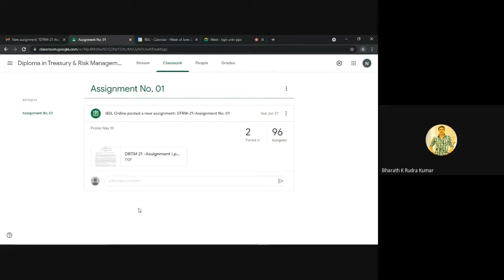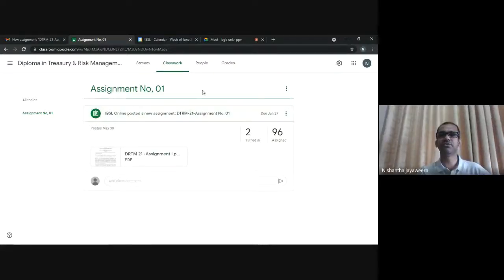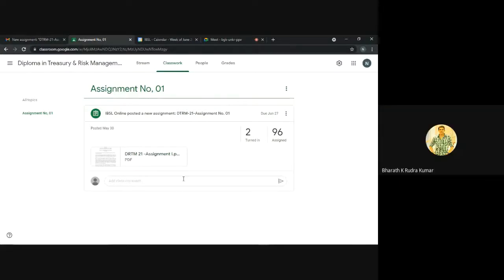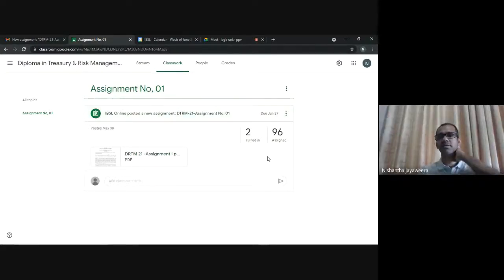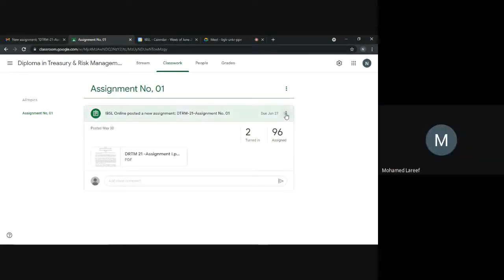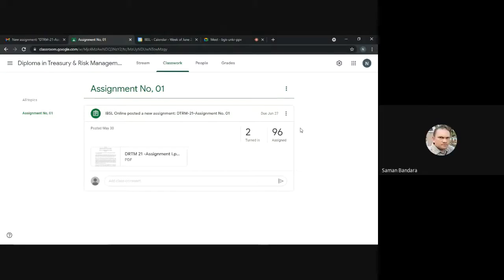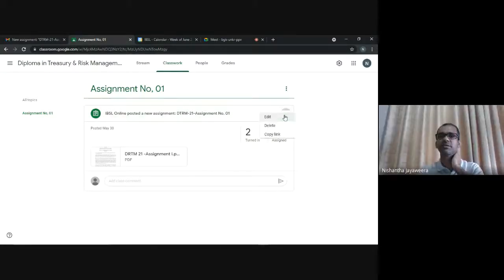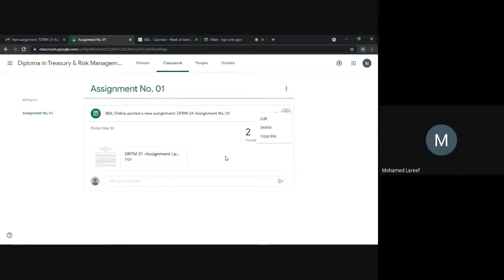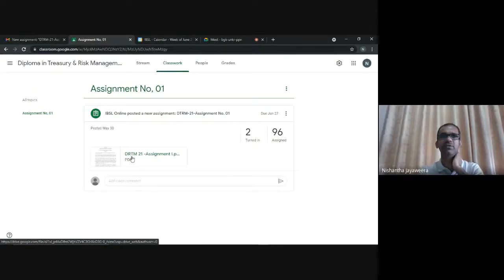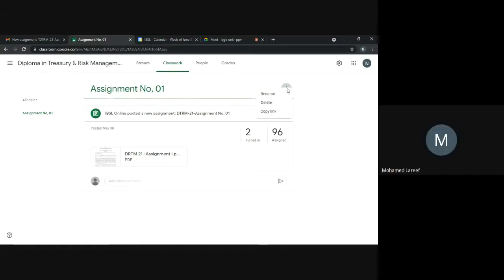Inside that there is an option called add or create. You can attach the file. Under the file, there is an option.